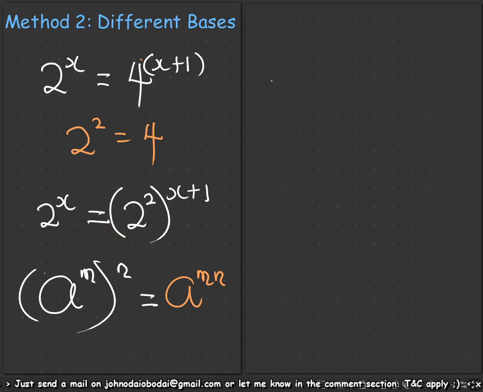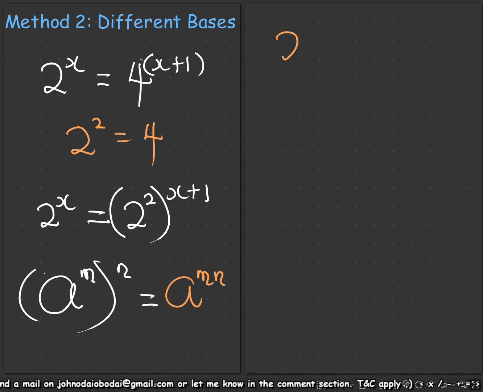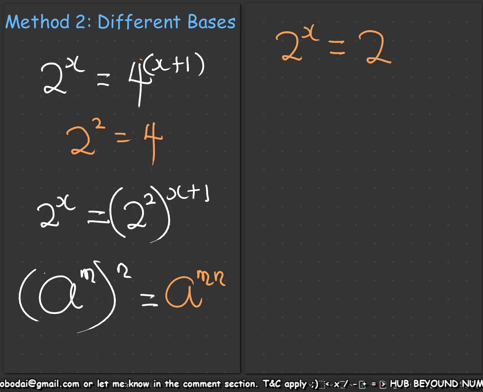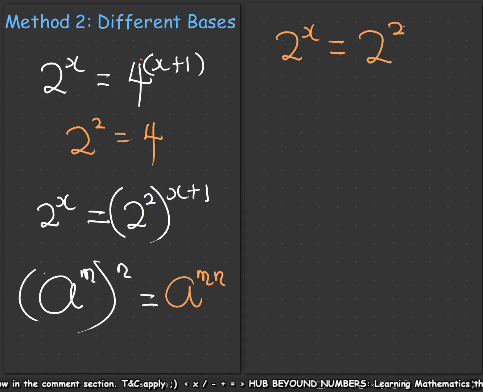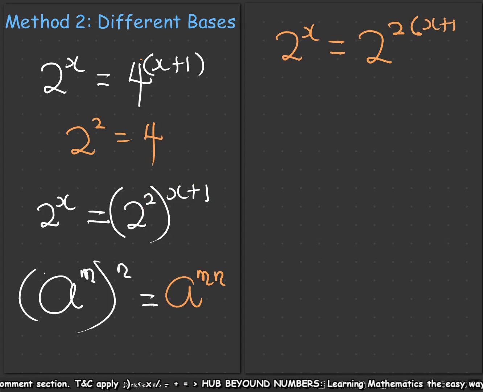So that our left hand side still remains 2 raised to the power x, is equal to, then we have our 2, and this 2 here is going to multiply all we have here, giving us 2 into bracket x plus 1.